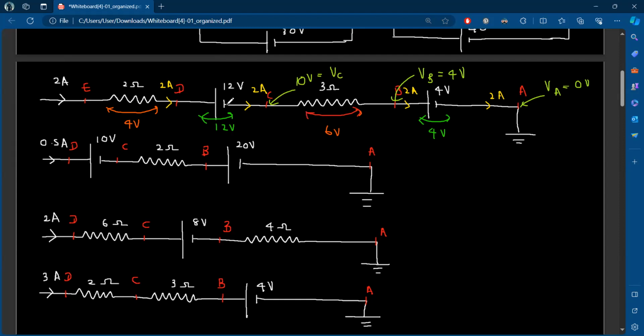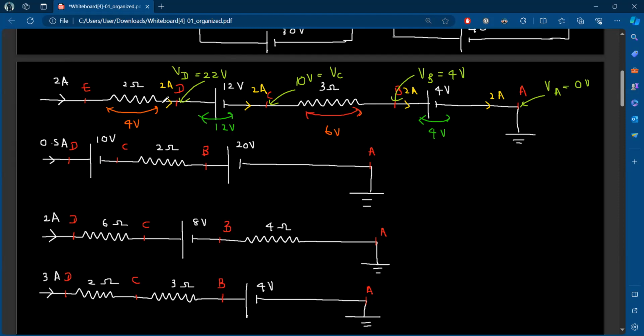Is it younger or older? Younger. What is the age of the younger one? 10. What is the age difference? 12. What is the age of the older one? 22 volts. Then VD is 22 volts.